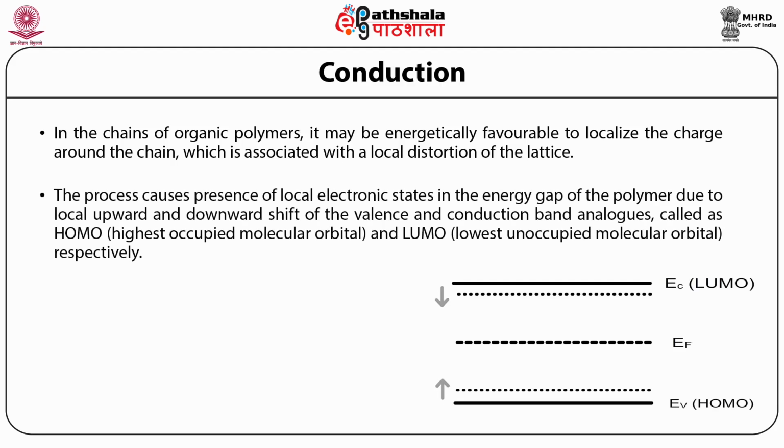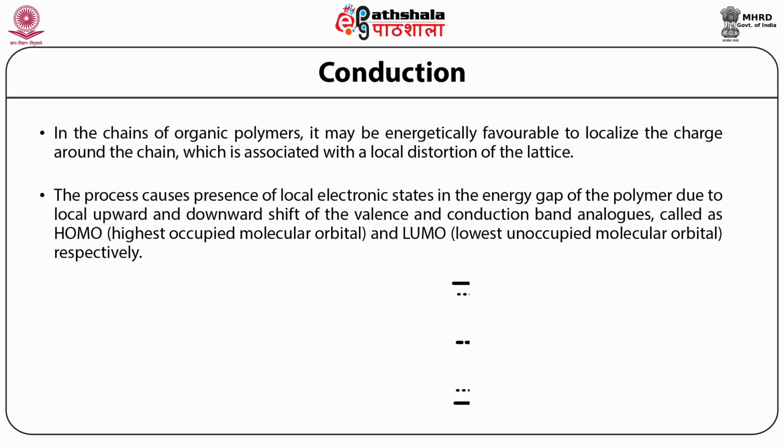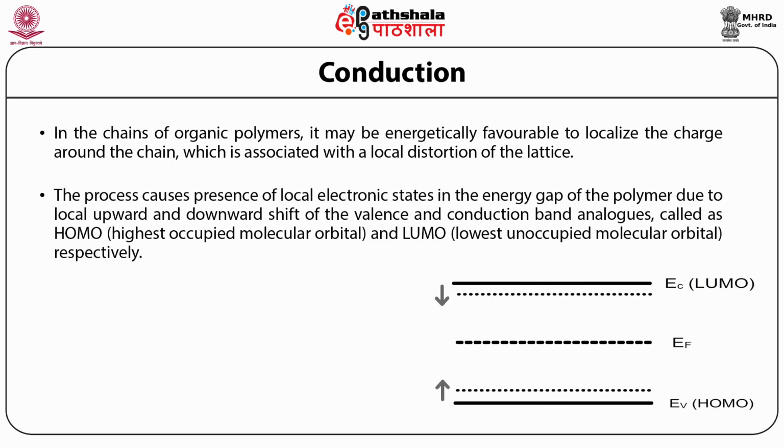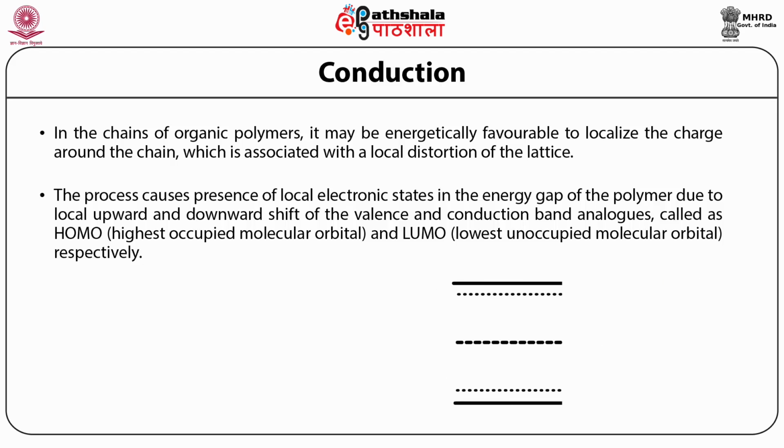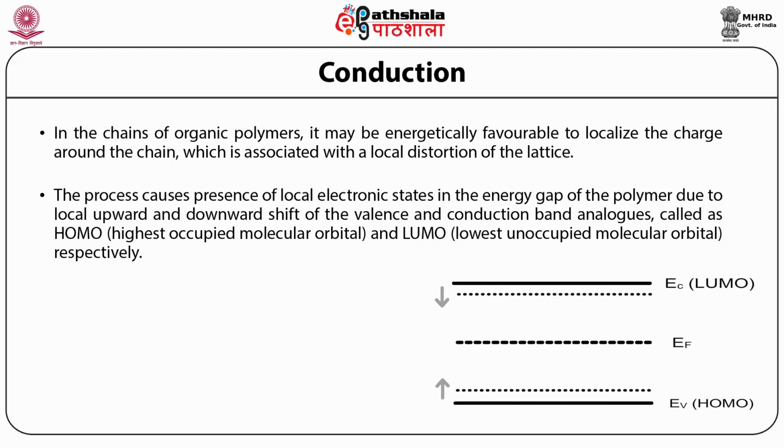This process causes the presence of local electronic states in the energy gap of the polymer due to local upward and downward shifts of the valence and conduction band analogues, which are called HOMO, the highest occupied molecular orbital, and LUMO, the lowest unoccupied molecular orbital, respectively, which is clear from the figure below.